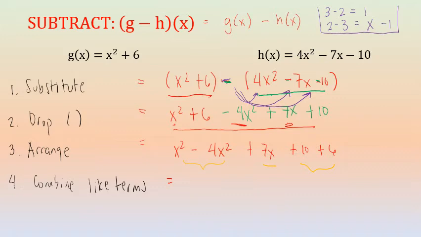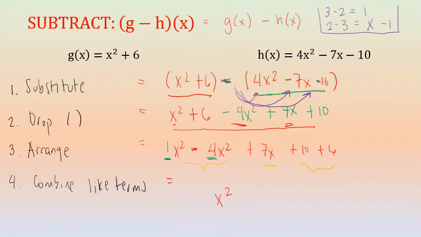Okay, so let's proceed to combining these like terms. So x squared minus 4x squared, we copy the base and the exponent. Then proceed to subtraction of the coefficients or the numerical values. We have 1, and then we have 4.